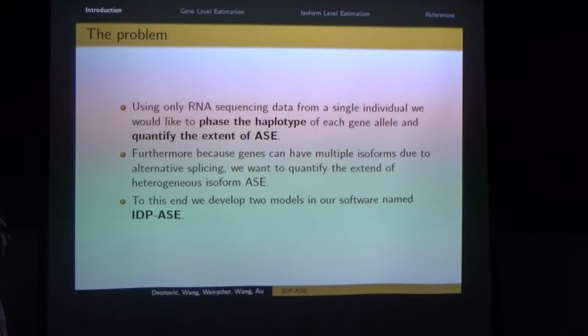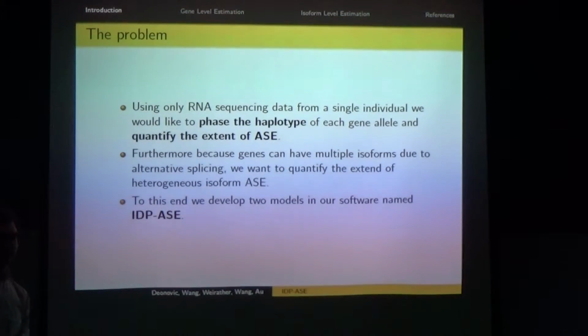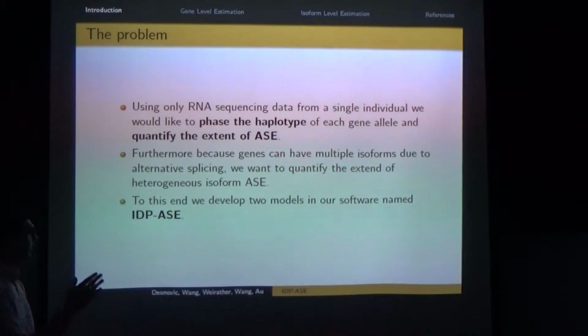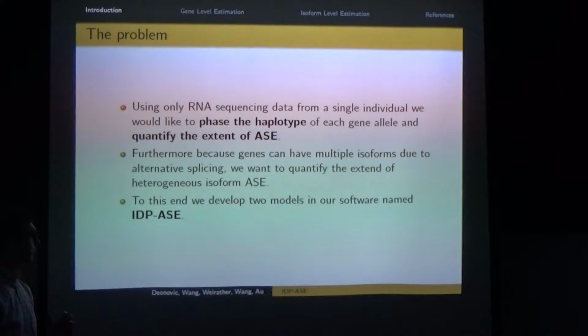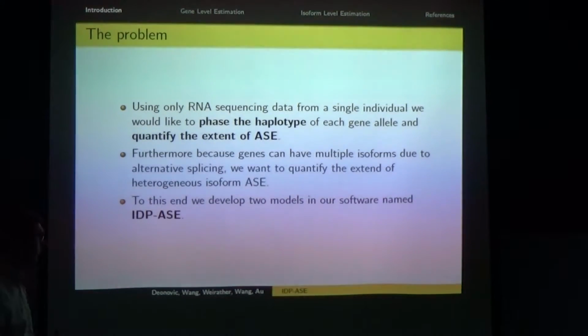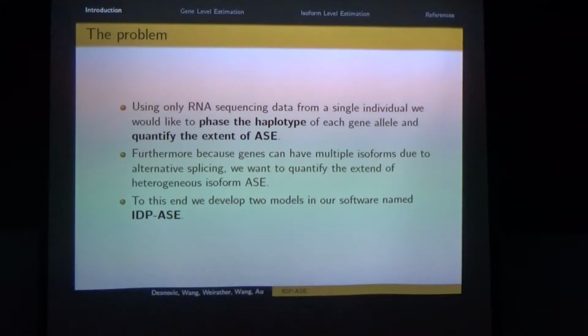We want to see if there might be heterogeneous isoform ASE. That is, isoforms in a gene might have different proportions of rho for each isoform. To this end, we have developed two models to try to solve these questions in our software named IDP-ASE.